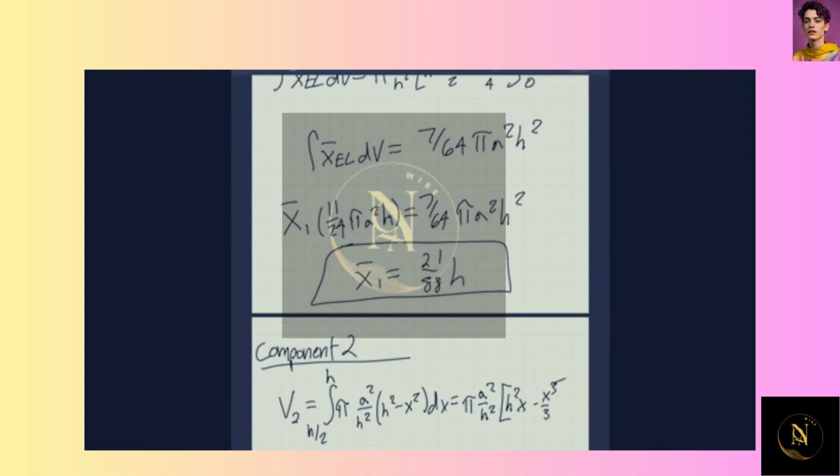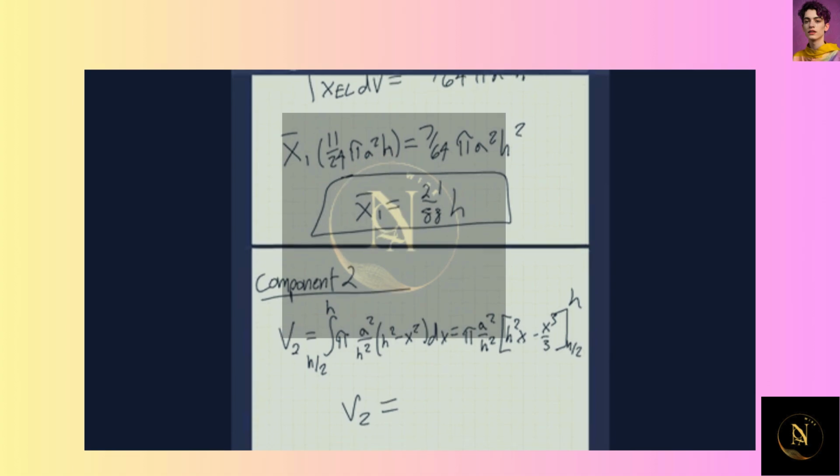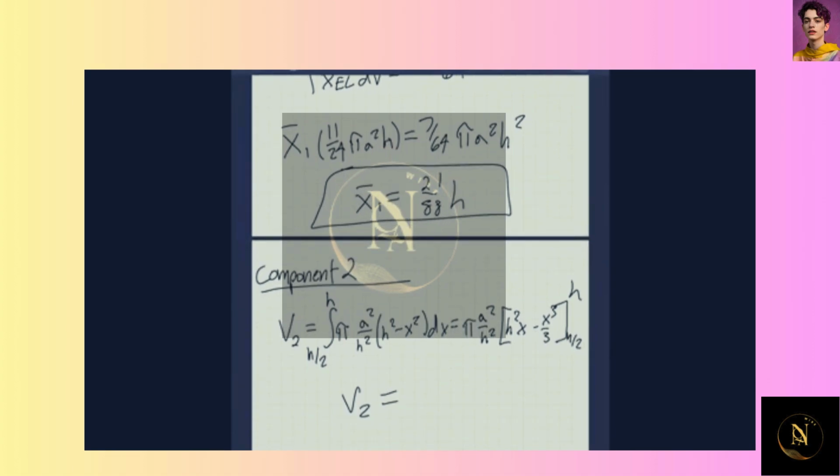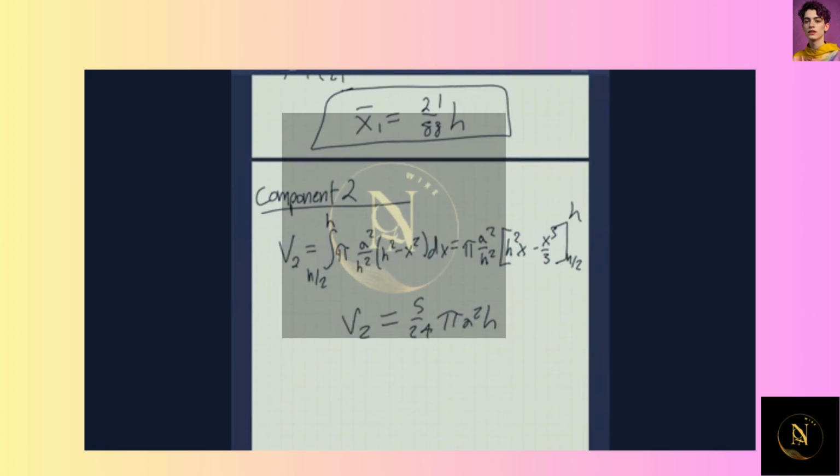Solving the integral, we get this. Simplifying further, we get that the volume for component 2 is equal to 5 over 24 pi a squared times h.